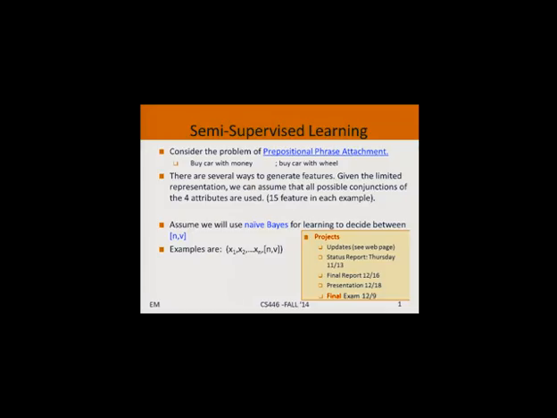Either yes or no, I don't know. So if people tell you, I want to learn a conjunction, recall the analysis that we did for Occam's razor for conjunctions. What was the basic idea in this analysis?